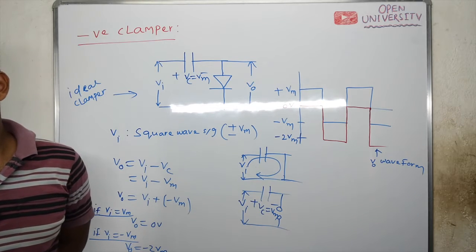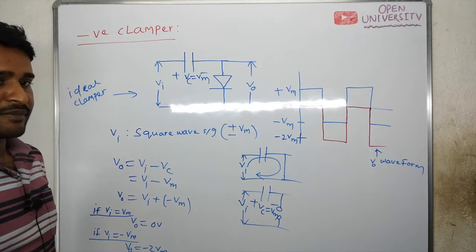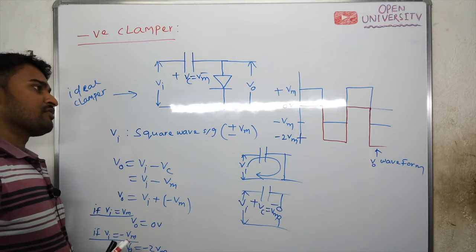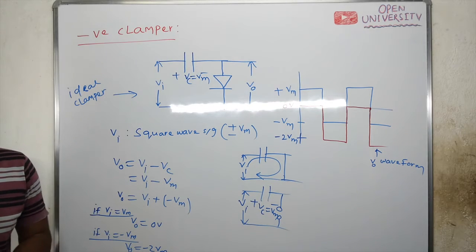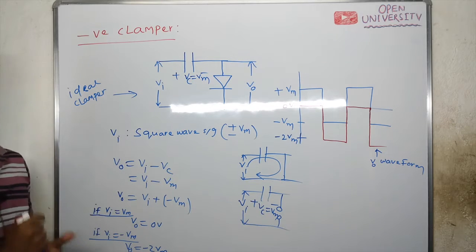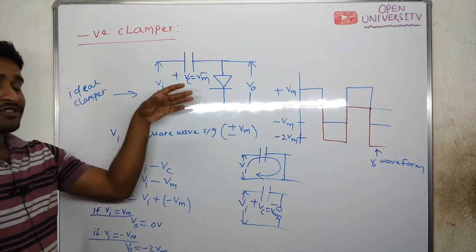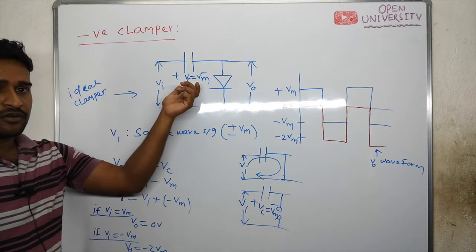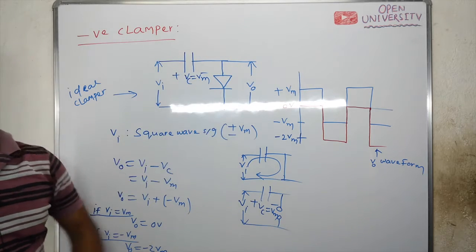Therefore the capacitor voltage remains Vm forever. Once it charges to the maximum value of the input voltage, it will remain fixed because there is no discharge path.